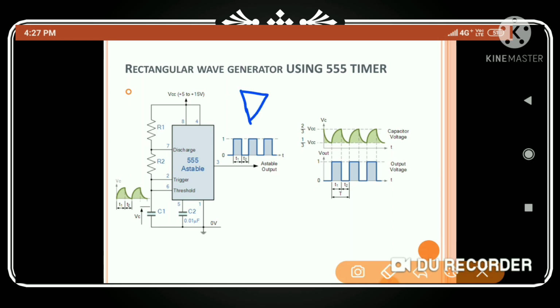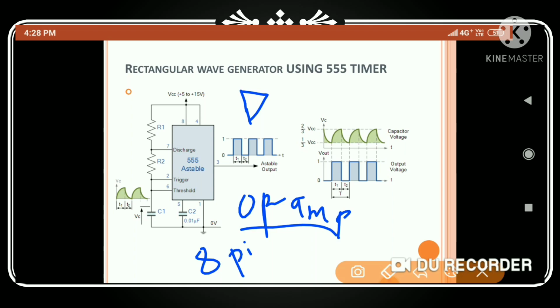Operational amplifier, which has an 8-pin configuration. See here 1, 2, 3, 4, 5, 6, 7, 8. So this is the 8-pin configuration. The 8-pin configuration of the operational amplifier I will explain later. Now you see the operational amplifier is used here, and the flip-flop is also working in this case.